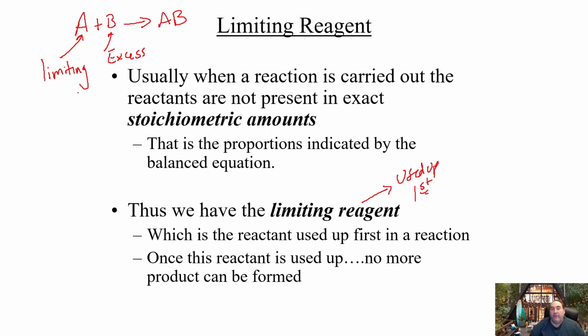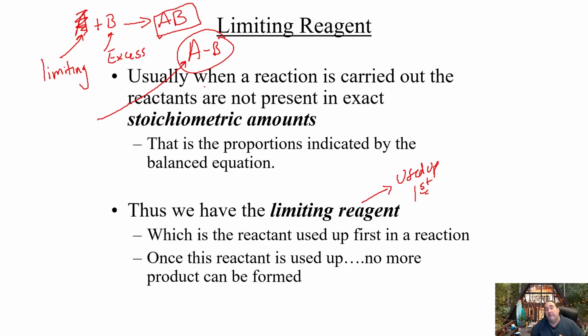In this particular reaction, the only way to make product is to put A and B together. So at some point as this reaction is taking place, I'm going to run out of A, which is our limiting reagent, and there's absolutely no chance of making any more product, because clearly in this very simplified example, I need an A and I need a B to make the product. As soon as A runs out, there is no chance you're going to make any more product because you're missing half of what you need.